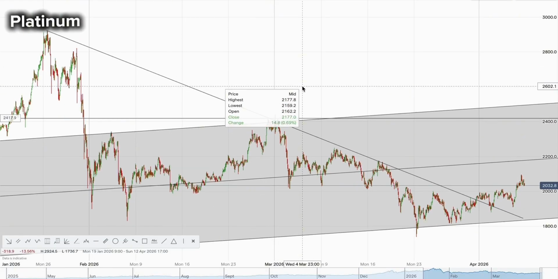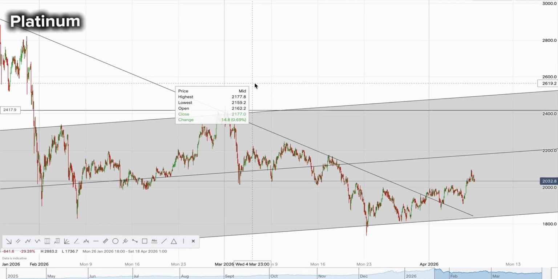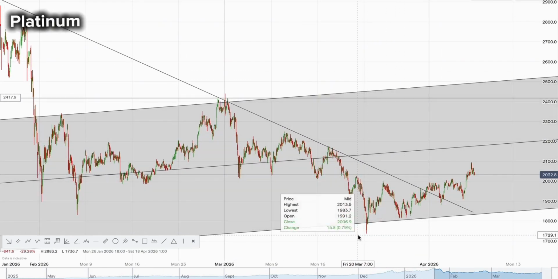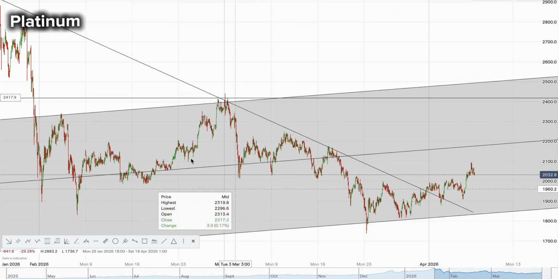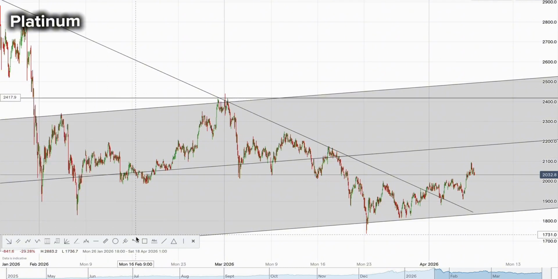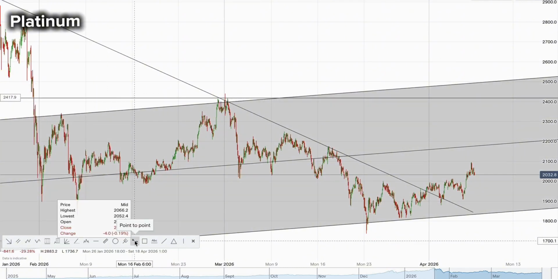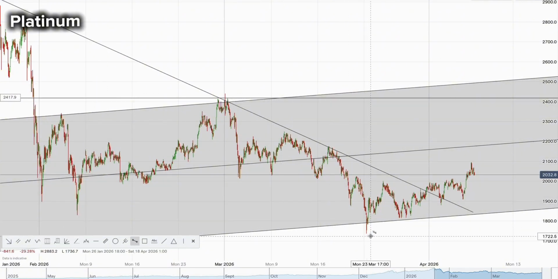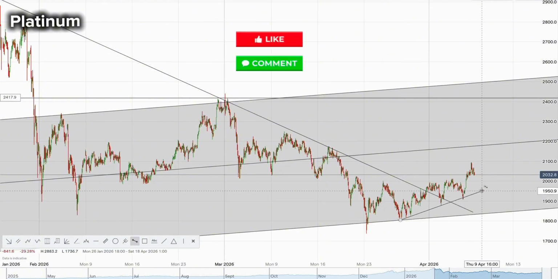So here we go. So there's that lower support area. So let's get a line in there. So once we've put a line in there, let's find another supporting area, which is roughly about 2,032.